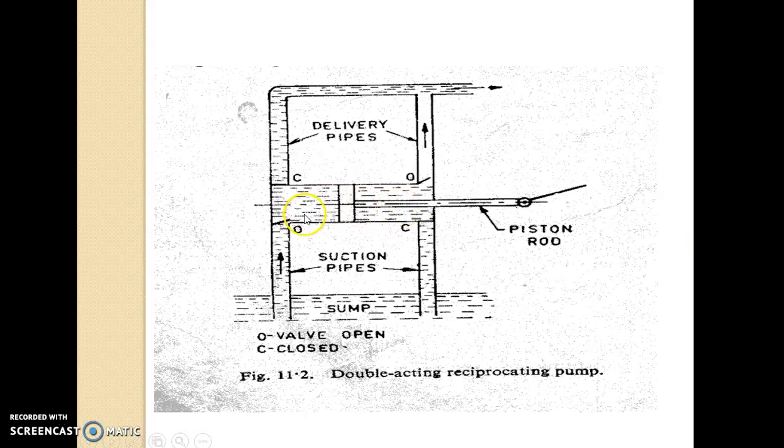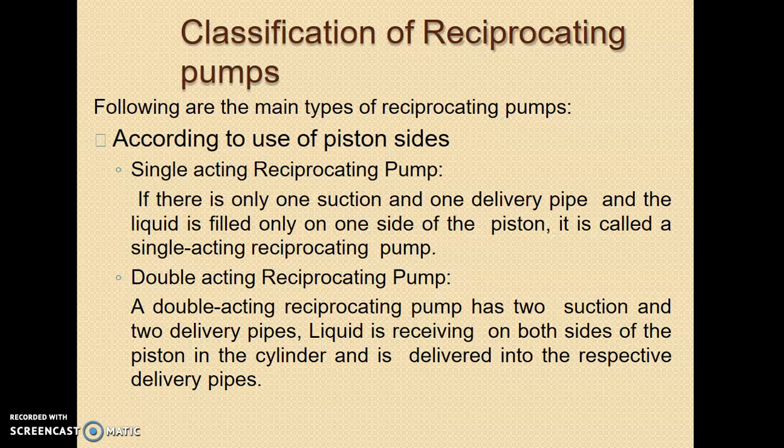So on both sides suction and compression are acting, so it is called a double acting reciprocating pump. So in this case, the problem of intermittent flow which was there in the single acting reciprocating pump has been overcome, and in this double acting reciprocating pump, on both sides the liquid is getting displaced.